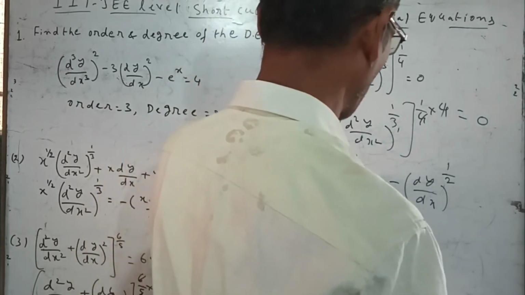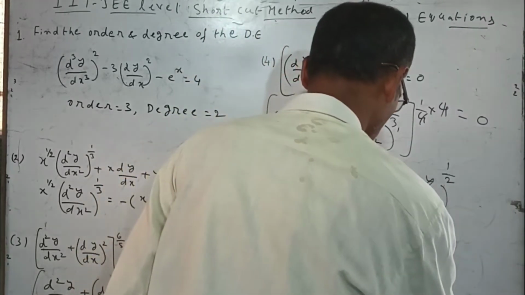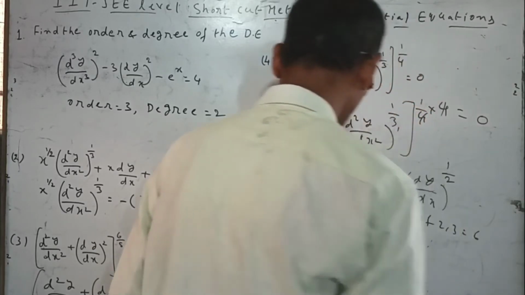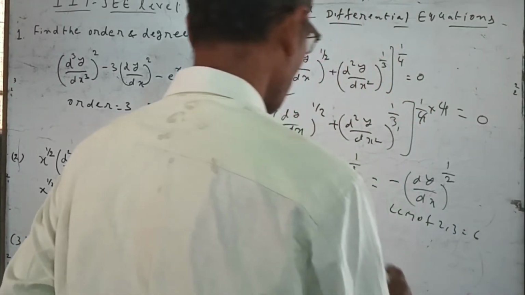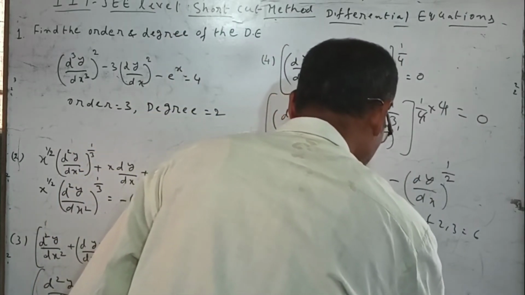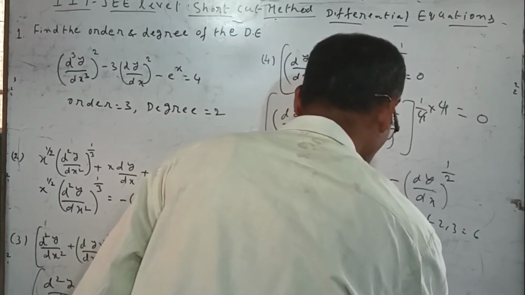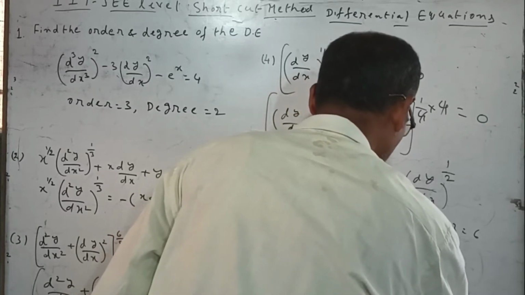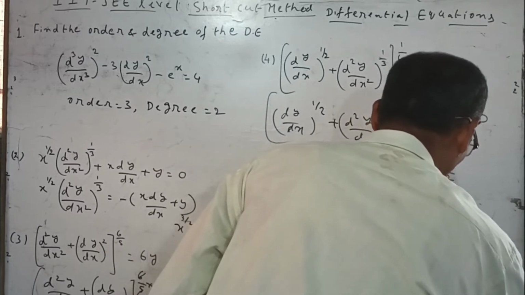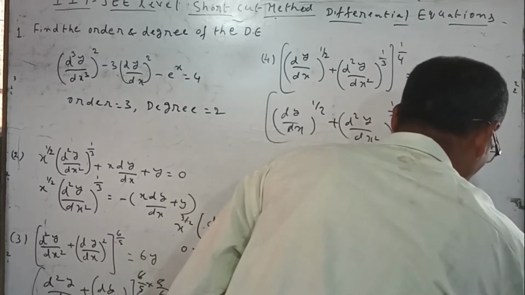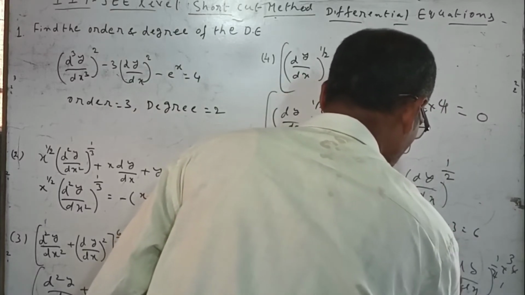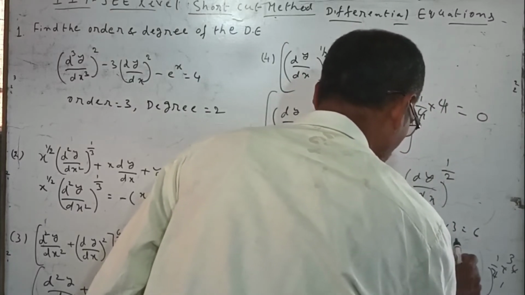So what is the LCM of 3 and 2? LCM of 2 and 3 equals 6. So we take 6: (d square y by dx square) whole power 1 by 3 into 6 equal to (dy by dx) whole power 1 by 2 into 6. 2 ones are 2, 2 threes are 6; 3 ones are 3, 3 twos are 6.